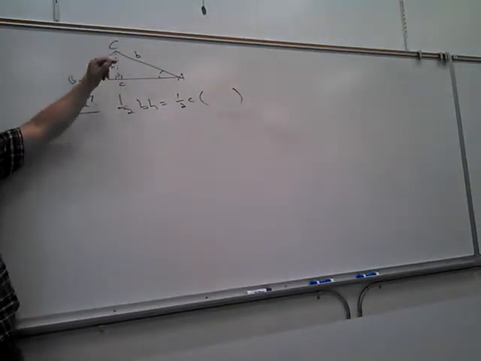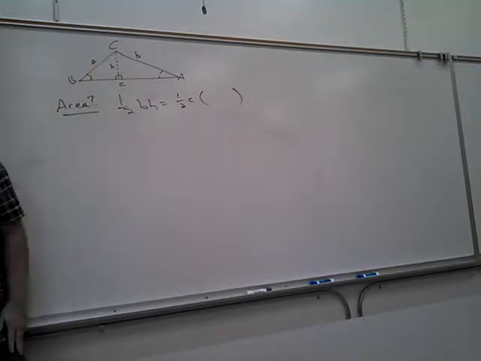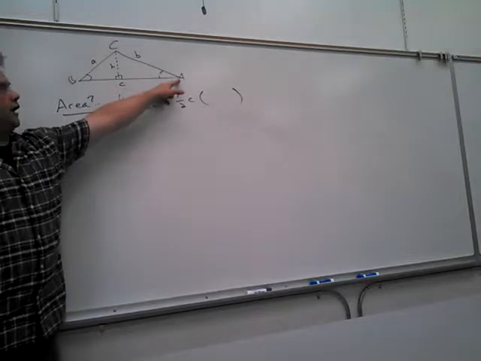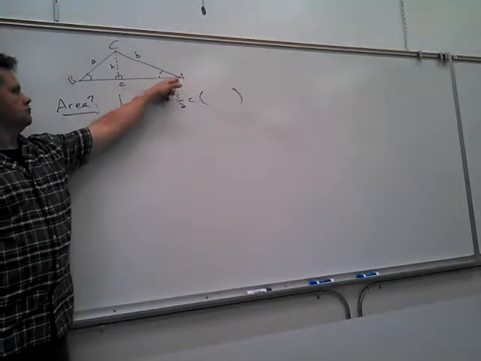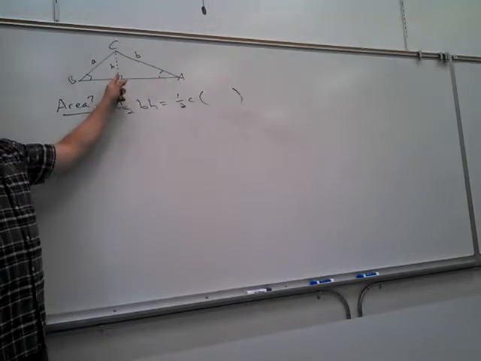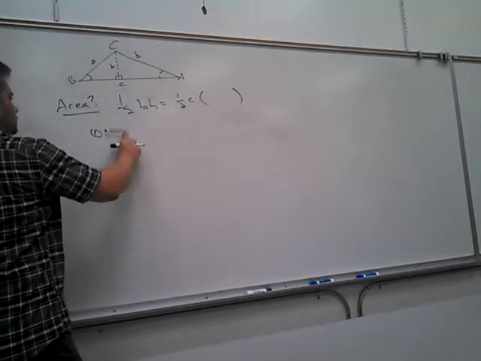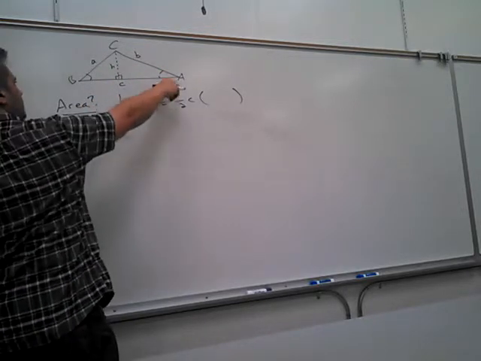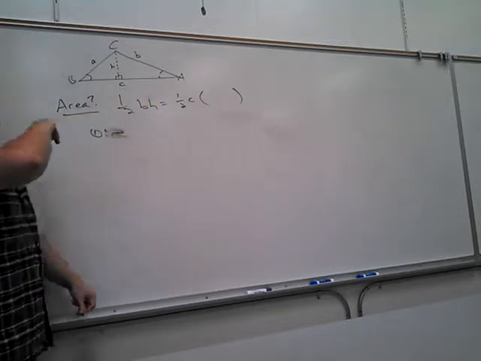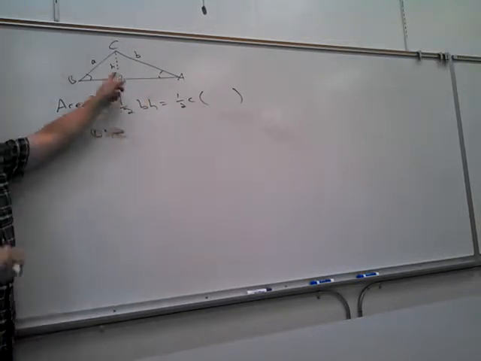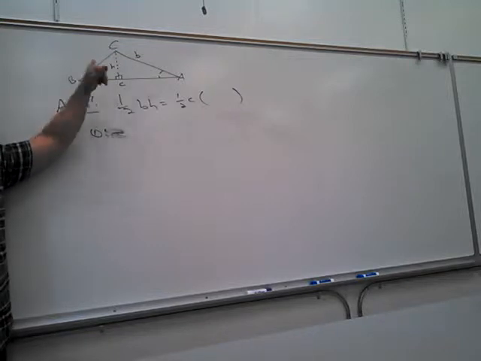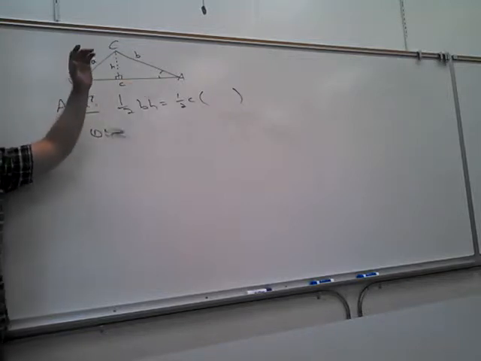what the height is. I actually have a couple different ways I can get that height. If I use angle A, I'm going to look at this right triangle here, right? So one way to do the height is to look at A, and what can I set up related to A that would give me this height in terms of the sides and the angles? b, c, the base.